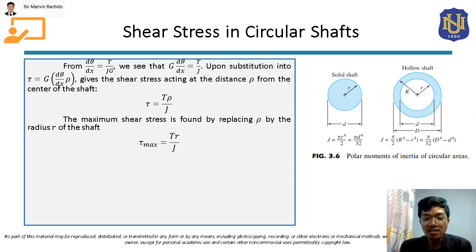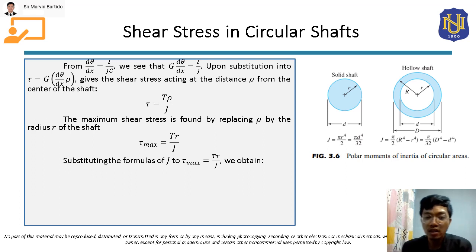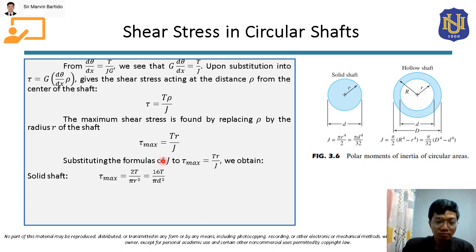Okay, so class, if you are going to substitute the formulas of J to the maximum shear stress, or tau max, for a solid shaft this will be equal to 2T over pi r cubed. Okay, and this is also equal to 16T over pi d cubed.